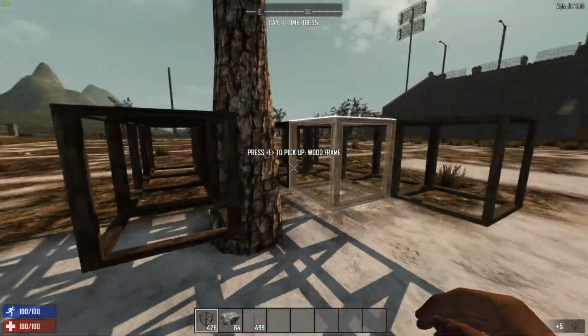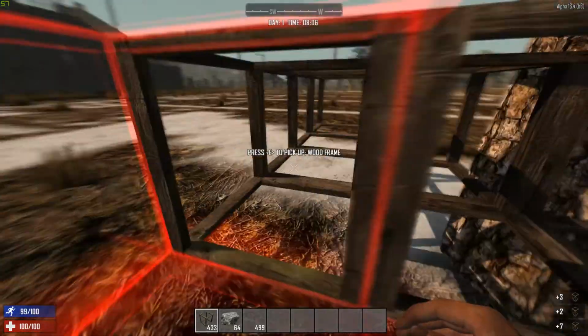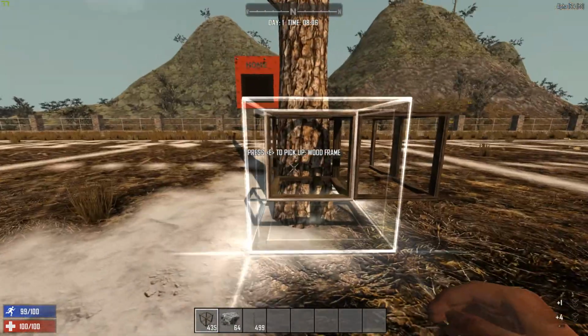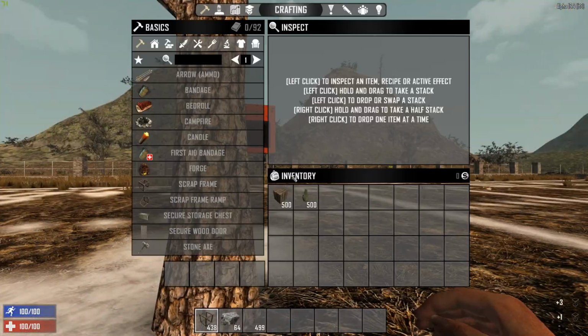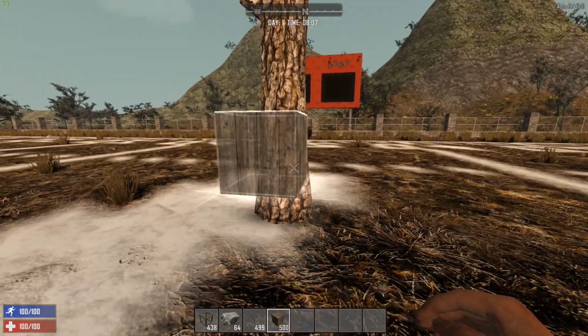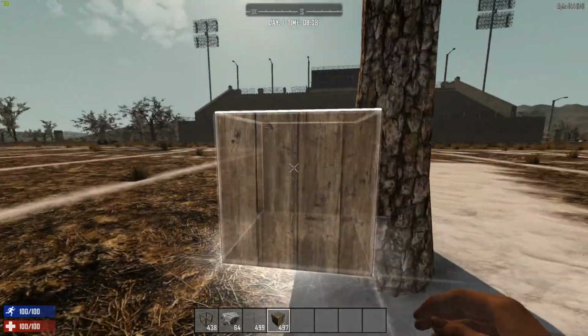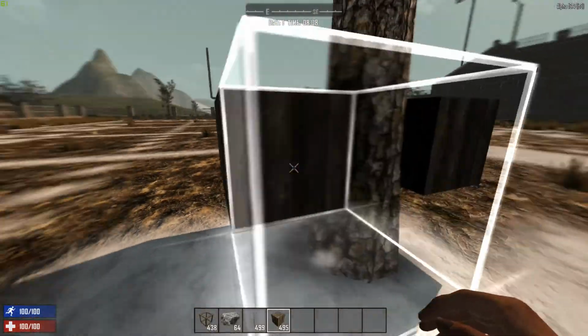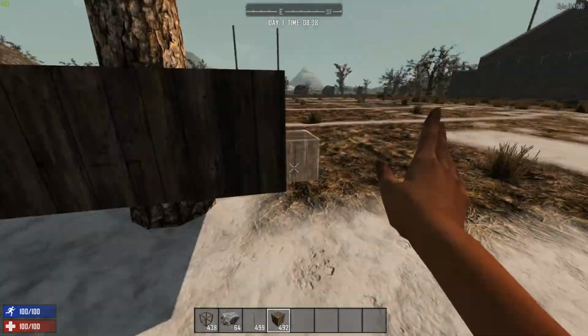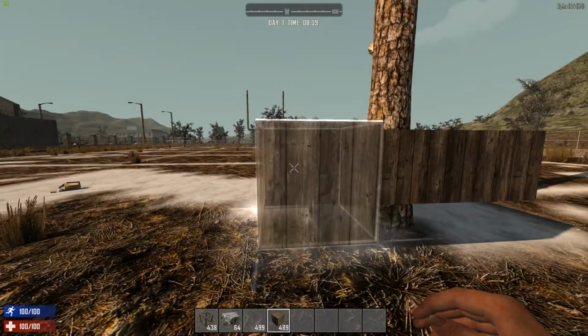You know what? Let's get rid of all these wood frames. Let's use something more stable. Let's use our wood blocks. Well, it's not more stable, but I prefer its opacity.